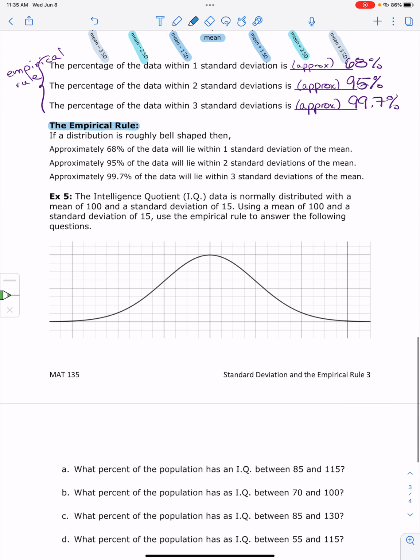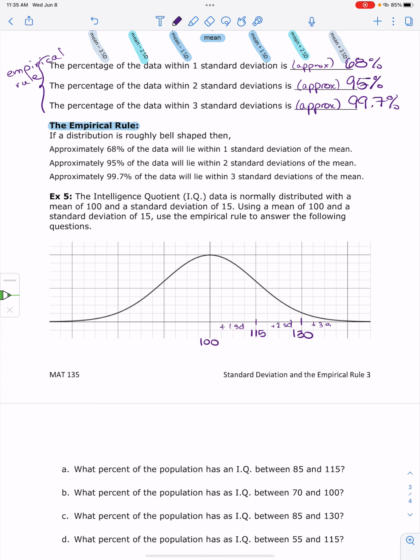Example 5, the intelligence quotient, our IQ. Data is normally distributed with a mean of 100. So my mean of 100 goes right here in the middle. Standard deviation of 15. So 1 standard deviation above, 100 plus 15 takes me to 115. 2 standard deviations above, 115 plus another 15 gets us to 130.